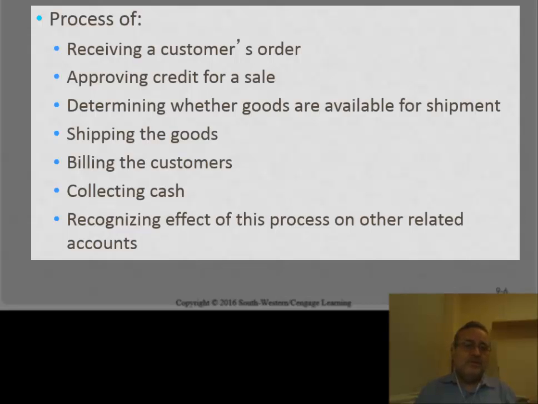So the process begins with a transaction. The transaction is a debit to accounts receivable or cash and a credit to sales. At the end of the process we have a debit to cash and a credit to accounts receivable.